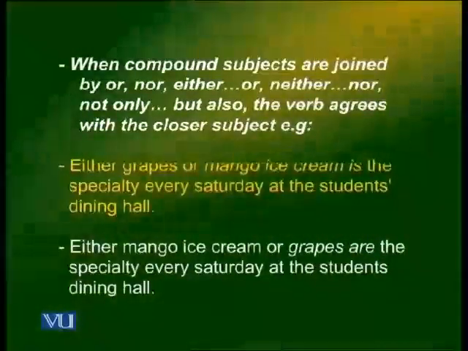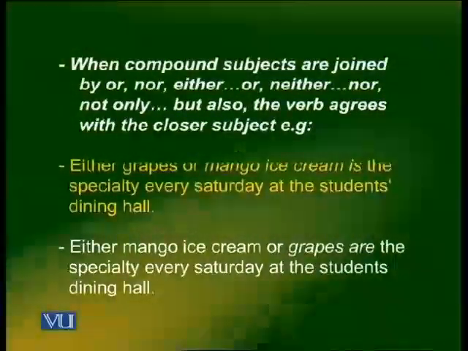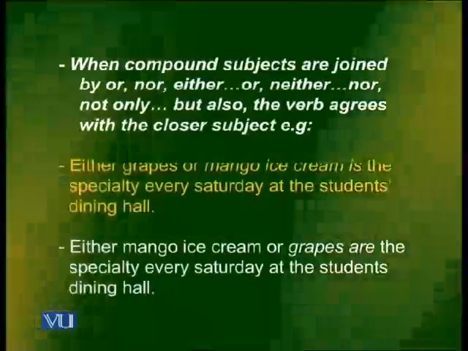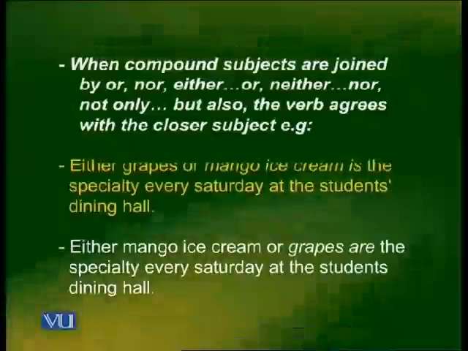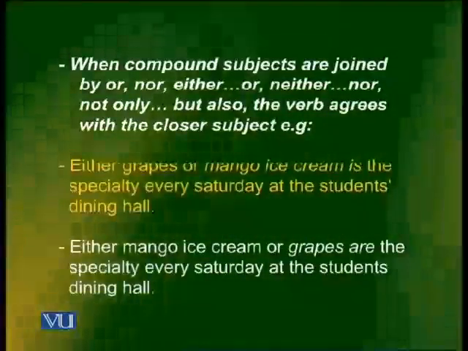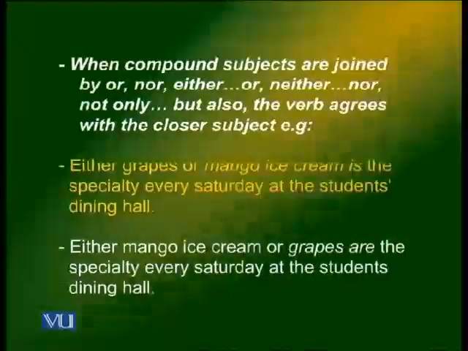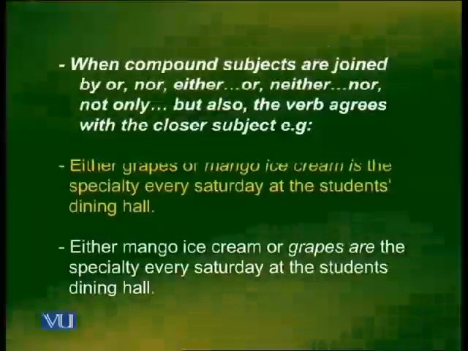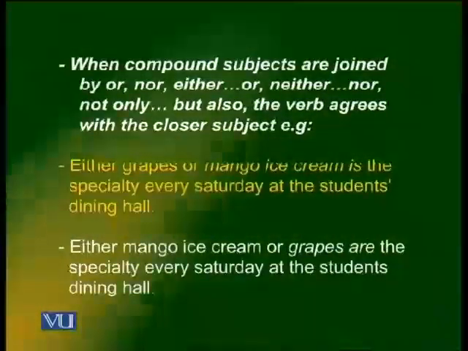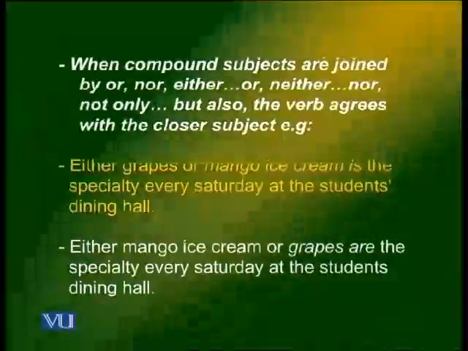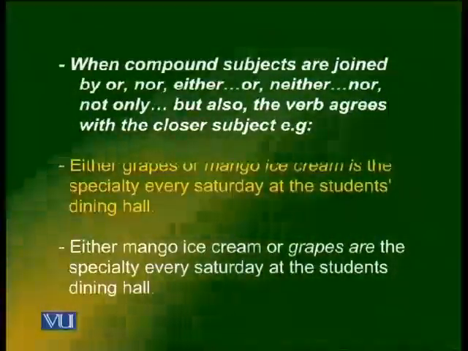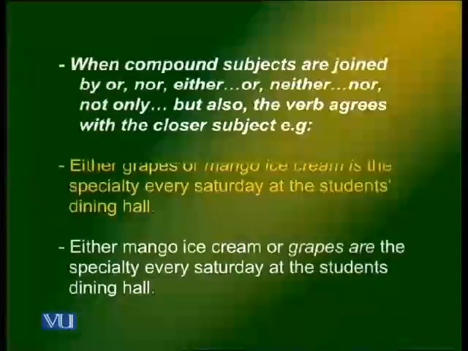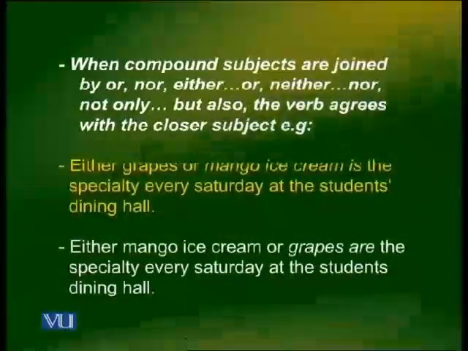Now mango ice cream is the closest to the verb is. Mango ice cream is a singular subject. It is closer to the verb, so the singular form of the verb will be appropriate. So the verb with that compound subject will be is.